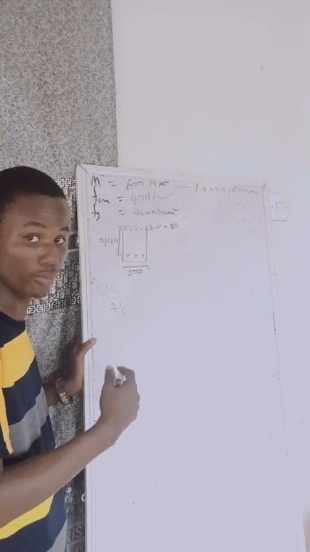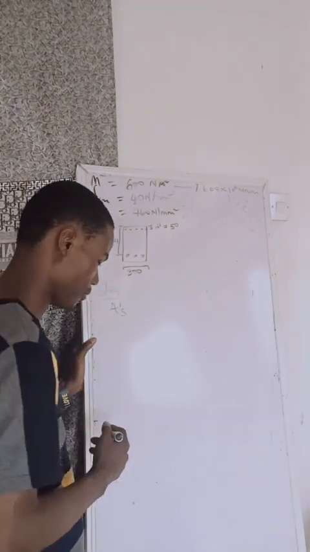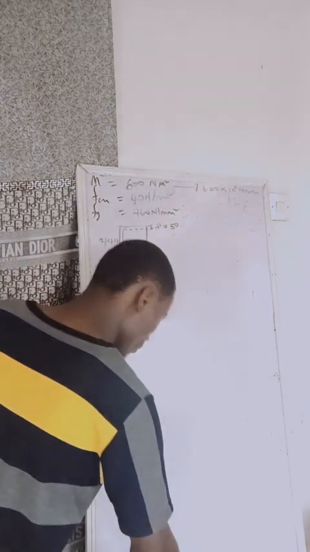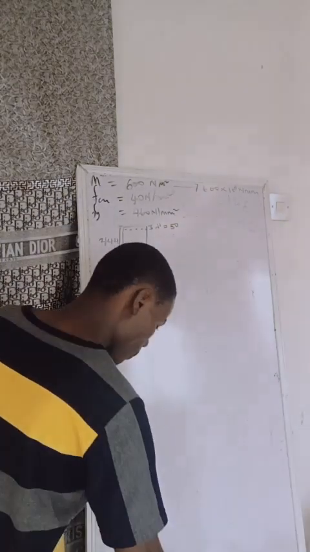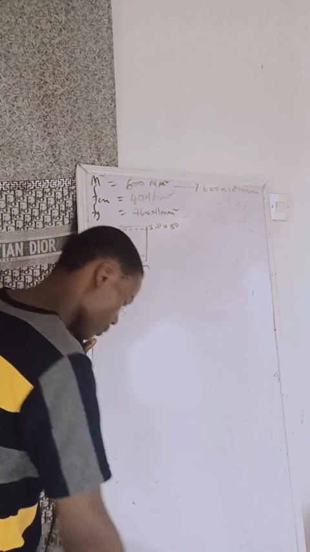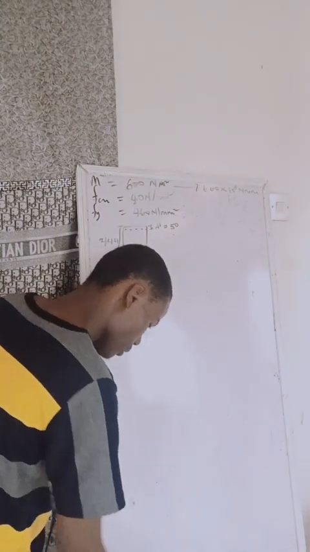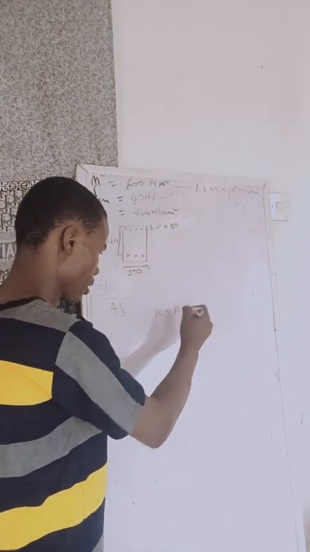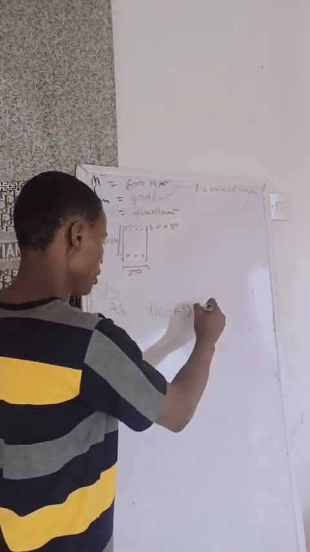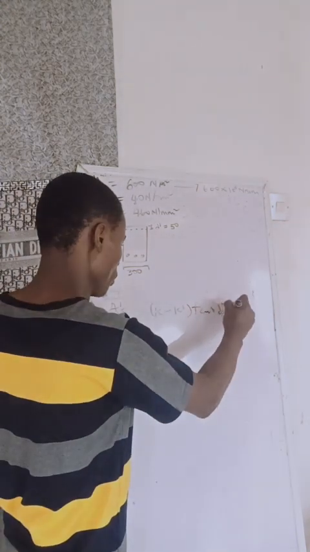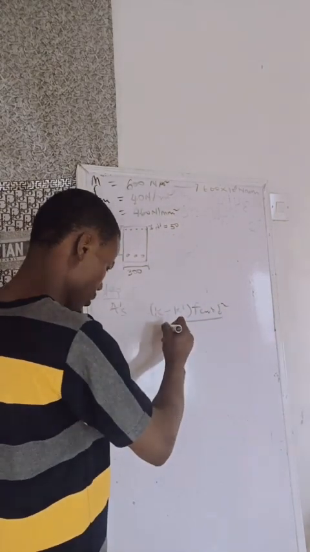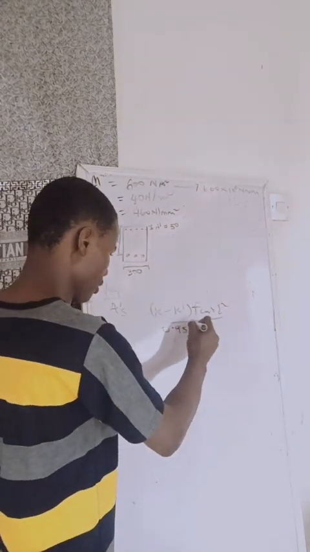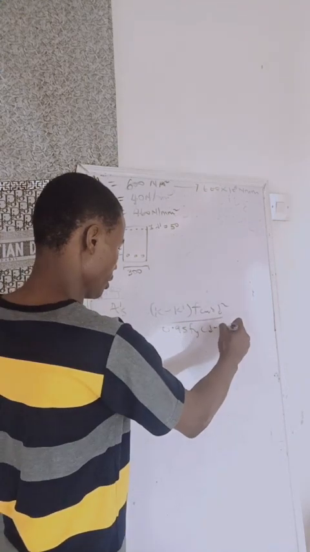And our formula is K minus K prime is equal to fcu b d square all over 0.95 fy times d minus d prime.